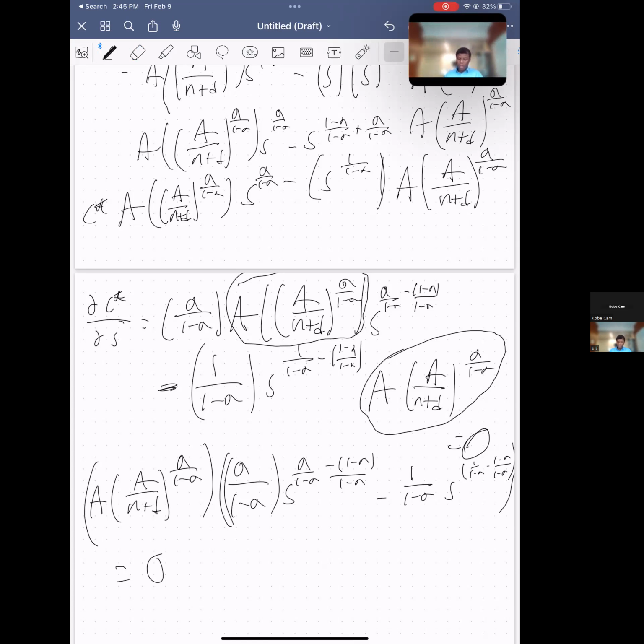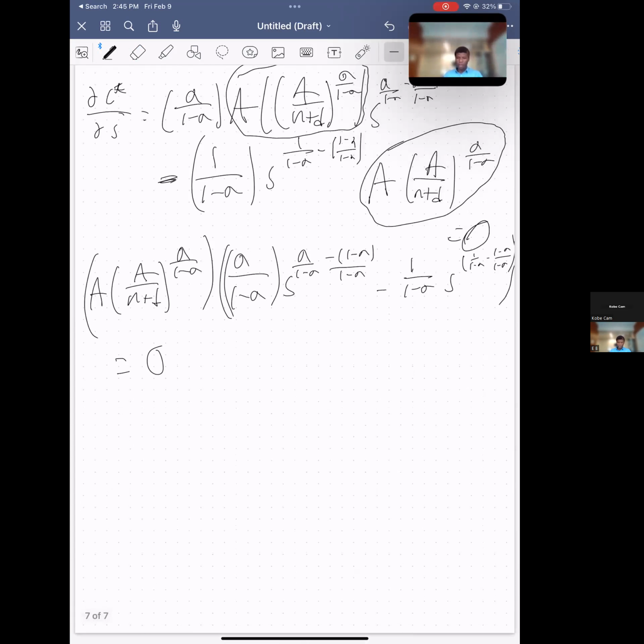Well, if that's the case, we can just divide everything by this. If we divide this on both sides, then that means we'll have 0 on the right side, and we'll get rid of that on the left side, making our jobs a lot easier.